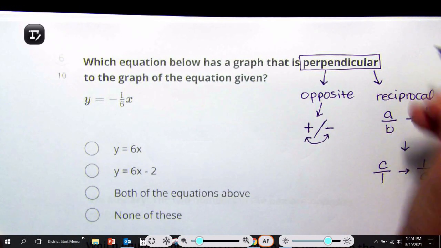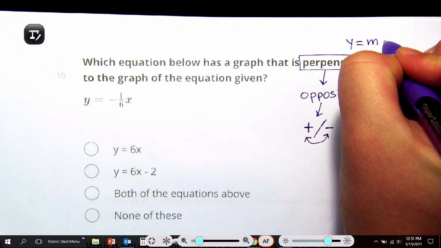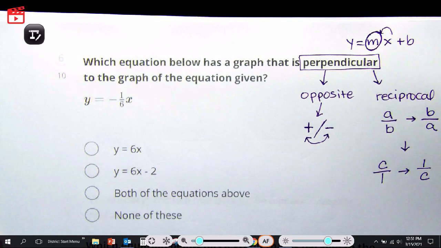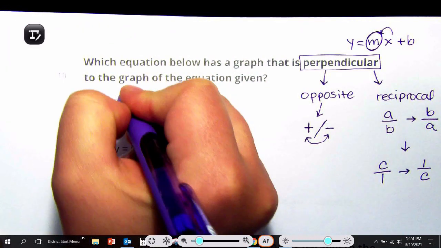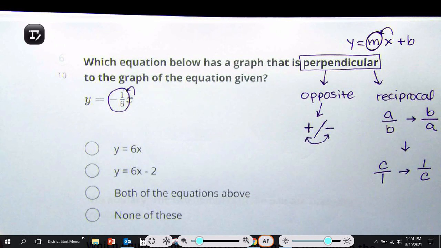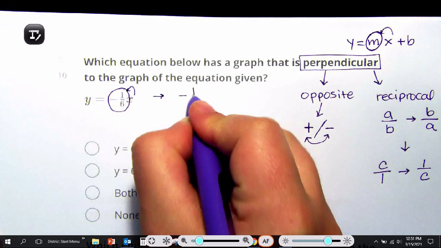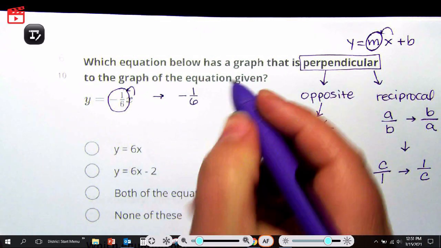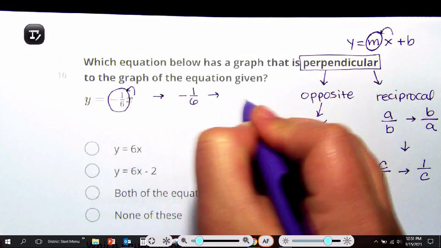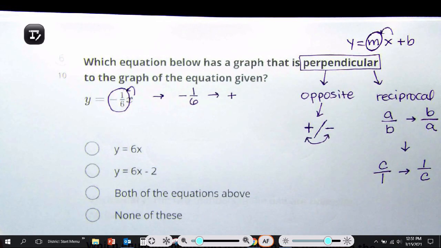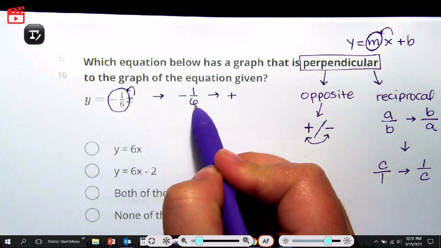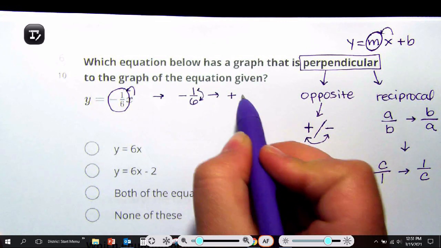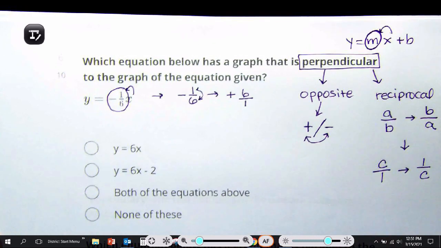So again, we're looking at the number in front of x. So this m value, the number in front of x. So here's the number in front of x. This number is negative 1/6. So for something that's perpendicular, we need to take the opposite and the reciprocal. So what's the opposite of a negative number? The opposite of a negative number is a positive. What's the flipped fraction? What's the reciprocal? Well, I'm going to flip this fraction, so that means I have 6 on top, 1 on the bottom.